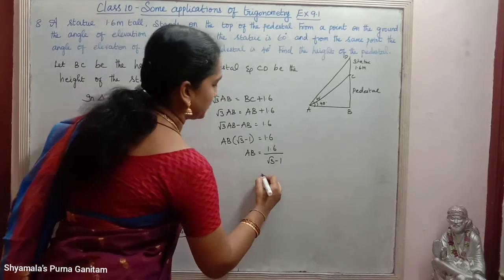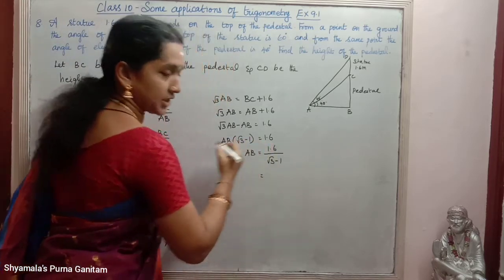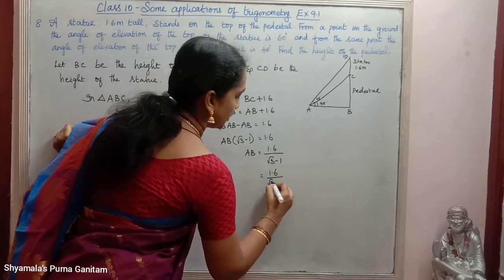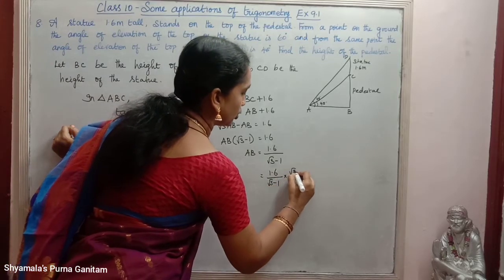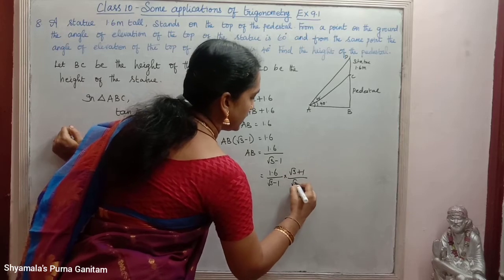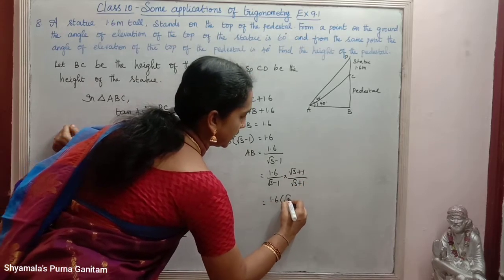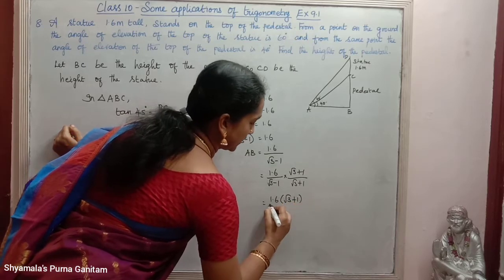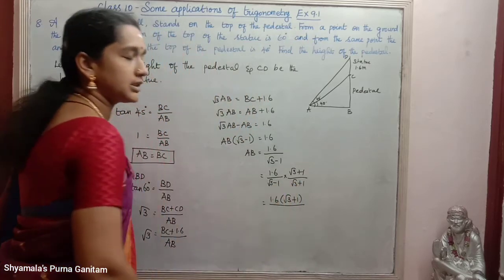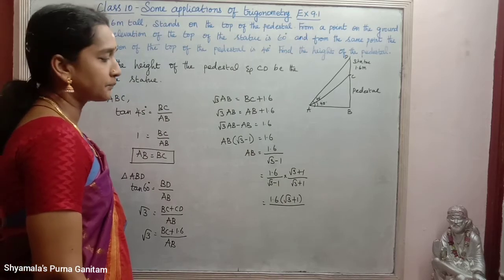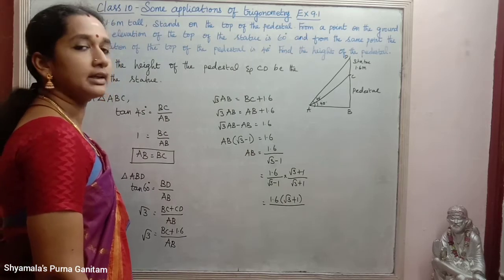When we simplify this, that is, when we rationalize the denominator, it is 1.6 by root 3 minus 1 into root 3 plus 1 by root 3 plus 1. So this is equal to 1.6 into root 3 plus 1 divided by, this is a plus b into a minus b, so root 3 the whole squared is 3.